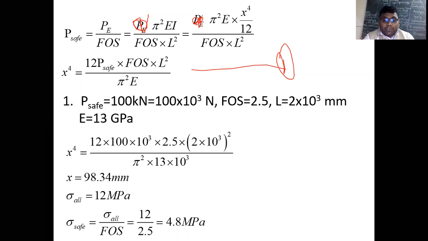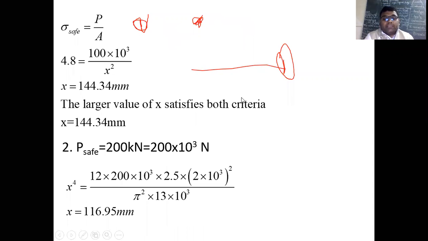Now, what the question is saying is that it must be safe. So sigma safe becomes sigma all upon factor of safety, so it comes to 4.8 megapascal. Okay, so let's go next. We can say sigma safe equals P upon A equal to 4.8 into this.